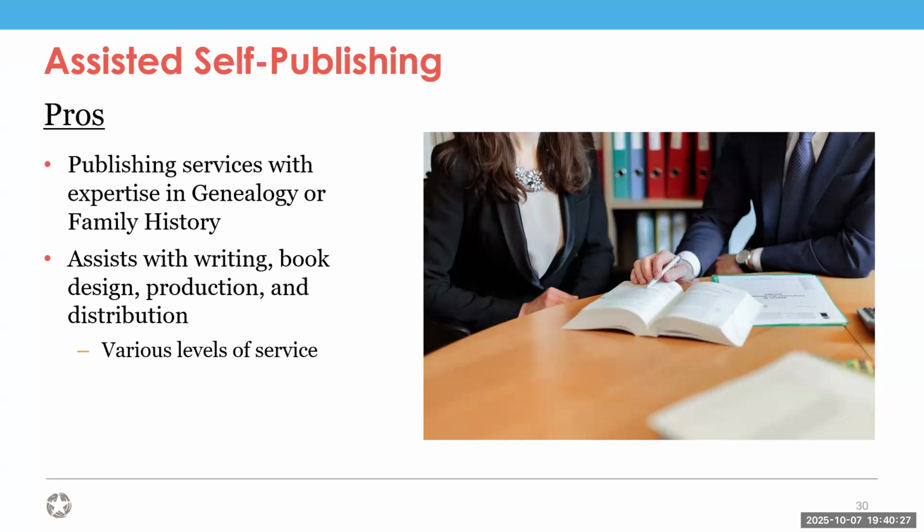So various levels of service. It's customizable based on your needs. Do you just need help with production and distribution? Maybe they could help. Or do you need more services? Those are some considerations and the pro side of the assisted self-publishing.